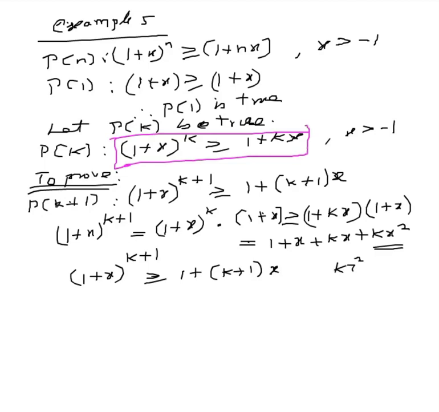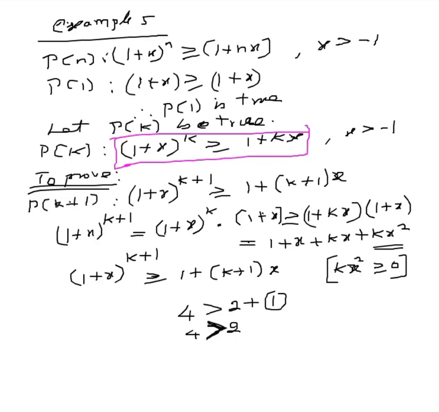We know that kx^2 is positive. k is a positive number because it is a natural number, and x^2 is positive because of the square. So kx^2 is greater than or equal to 0. For example, 4 is greater than 2 + 1, where 1 is a positive number. If I leave that positive number and write, the inequality holds good.